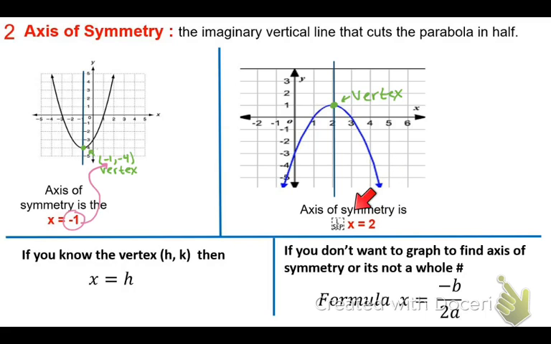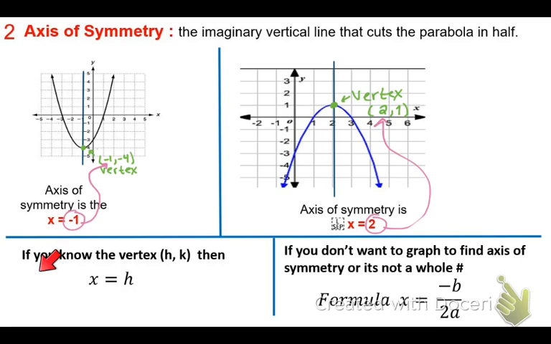So the axis of symmetry is x equals 2. And just to verify, the vertex is 2, 1. So the axis of symmetry matches the x value of the vertex.